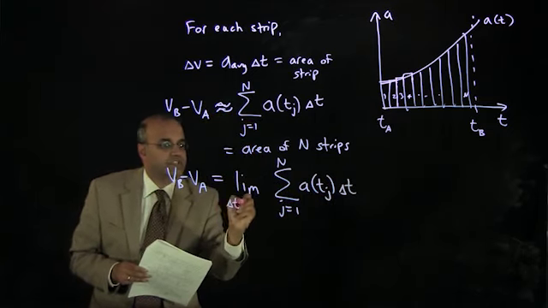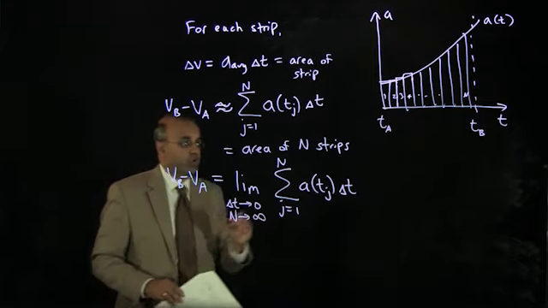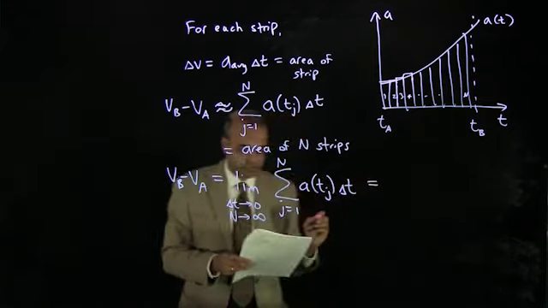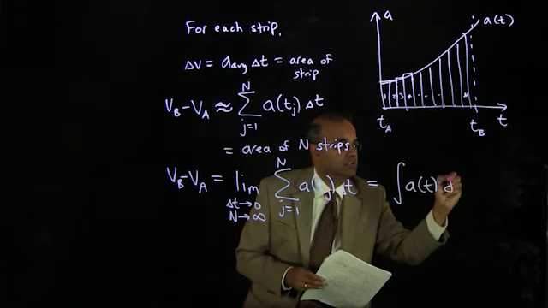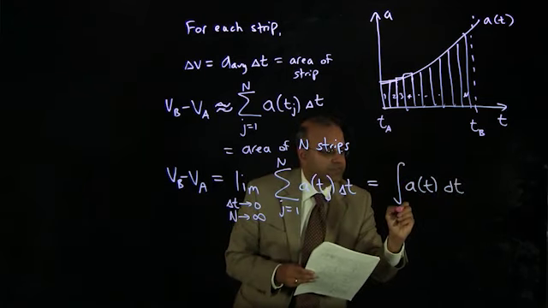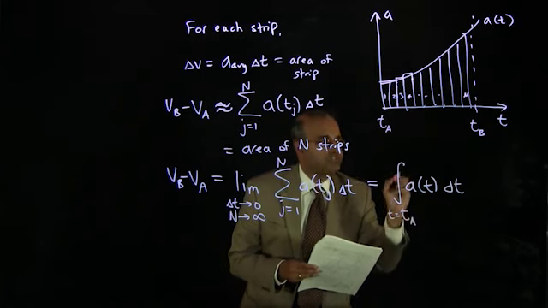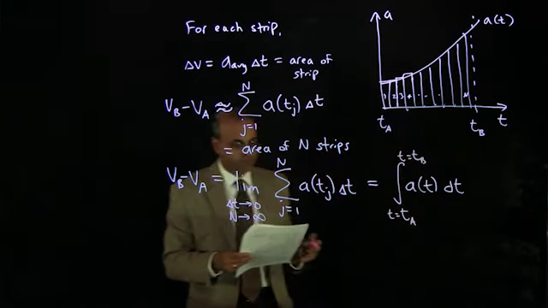Now, this is a very important expression, and we have a special way of writing it. We can also write it as an integral. So we write it as the integral of the function a of t dt evaluated from time equals t sub a to time equals t sub b.